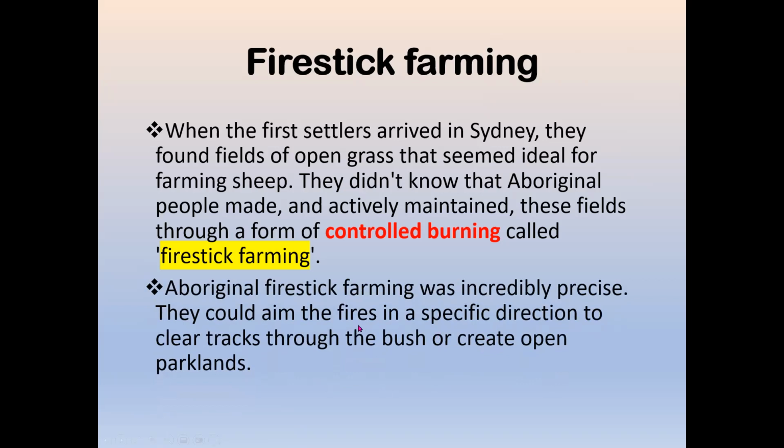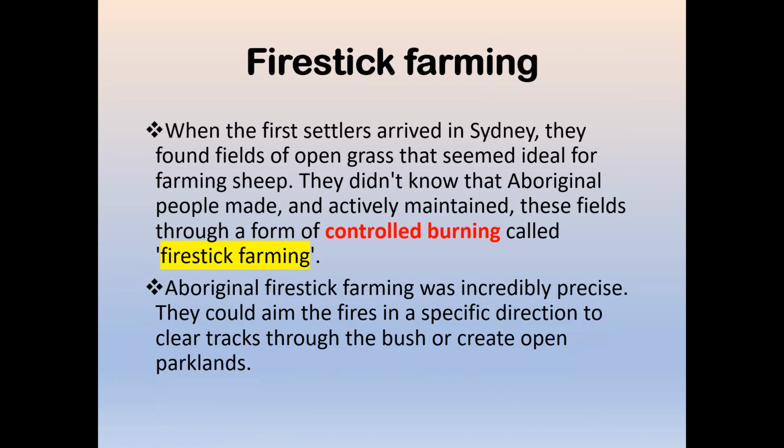So what they do, if there is some animal there they want to hunt, they wait for the wind to be in a particular direction. They light a bit of bush, it gets very smoky.